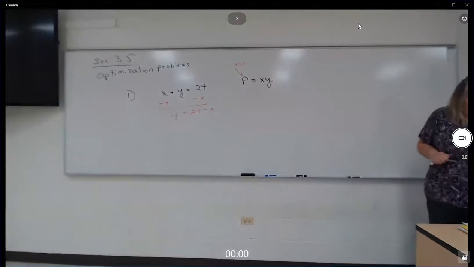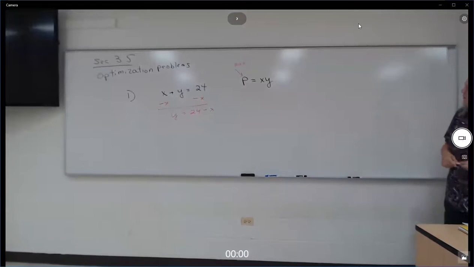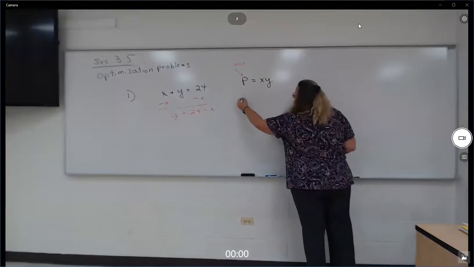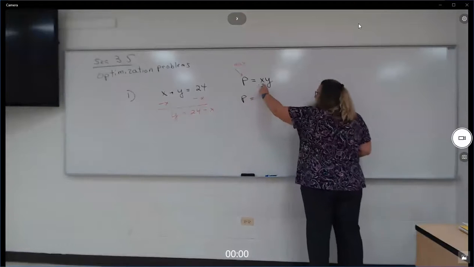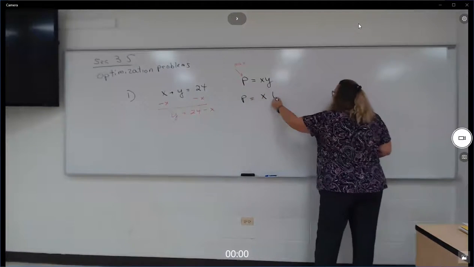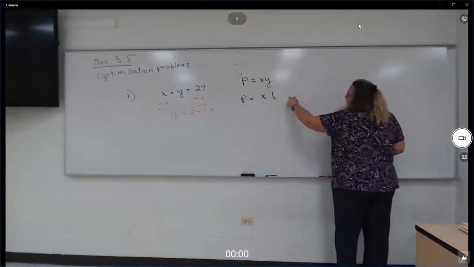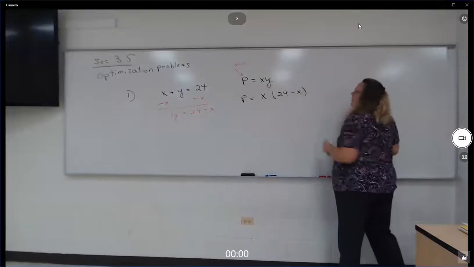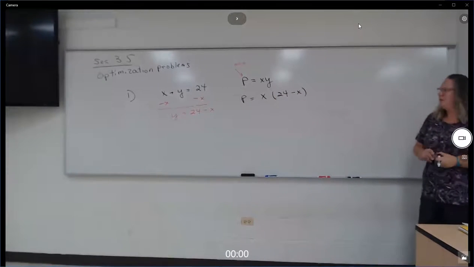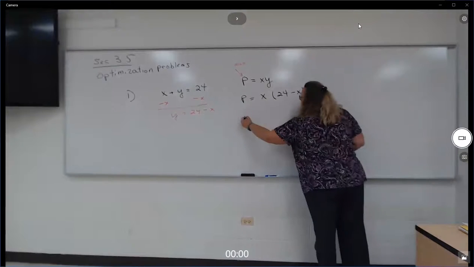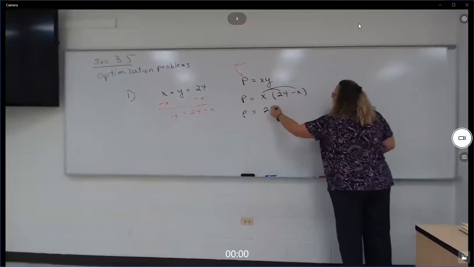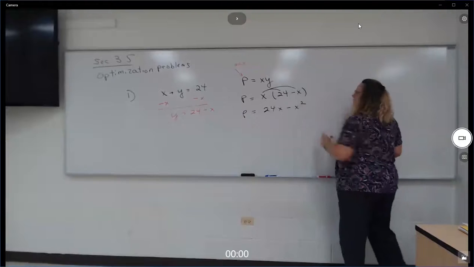It doesn't matter. Sometimes it's easier to solve for one over the other. So we have x times, now instead of y, what am I going to write in place of y? 24 minus x. And then that equals, we can distribute this, 24x minus x squared.